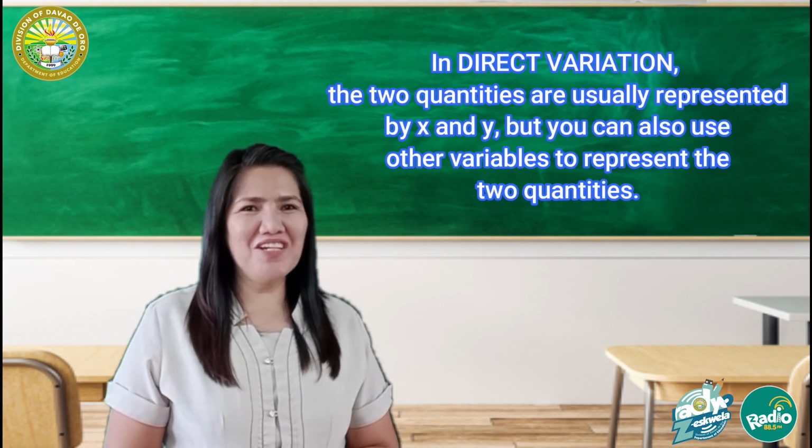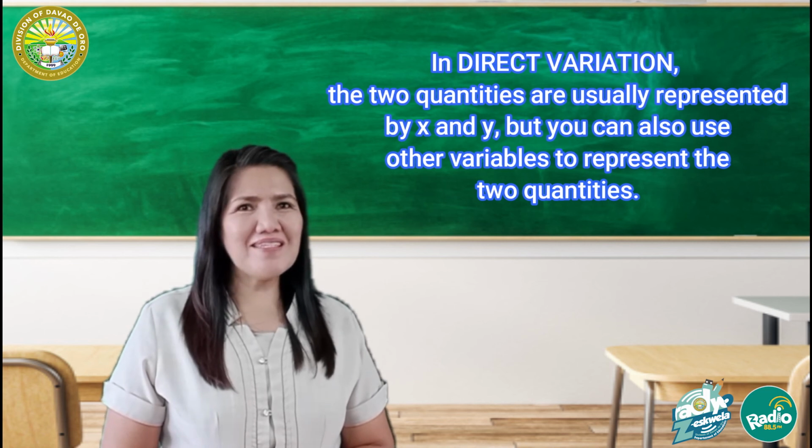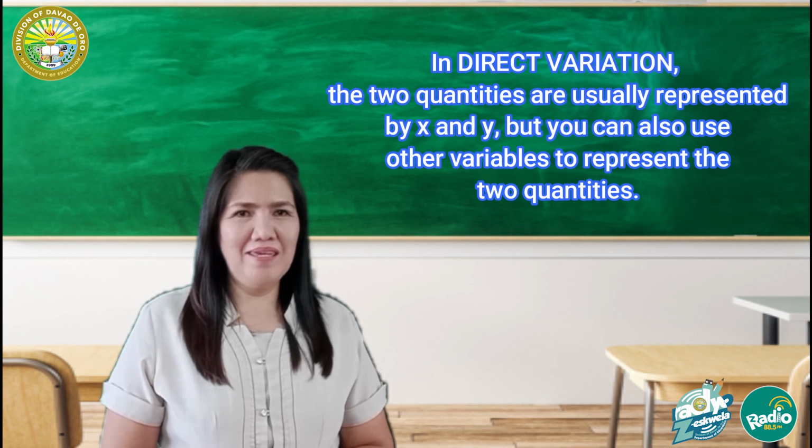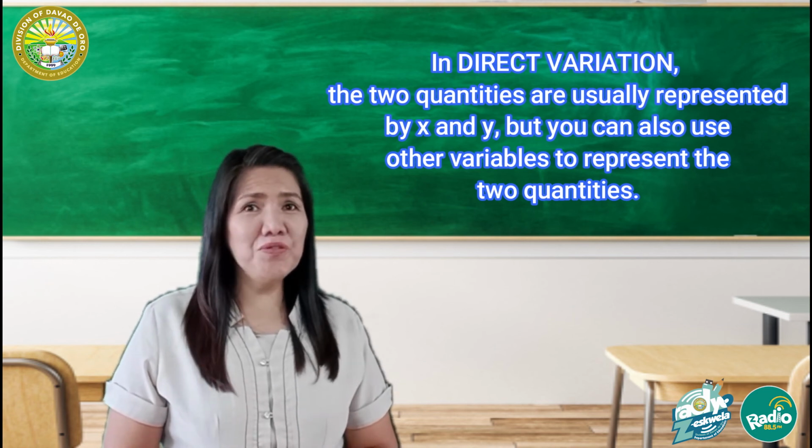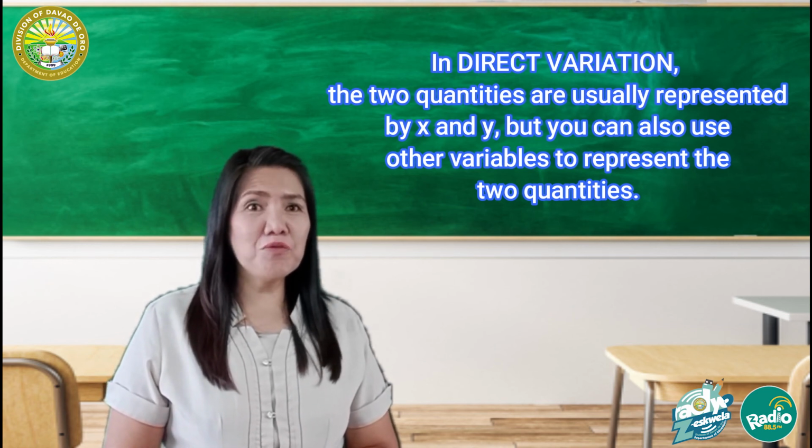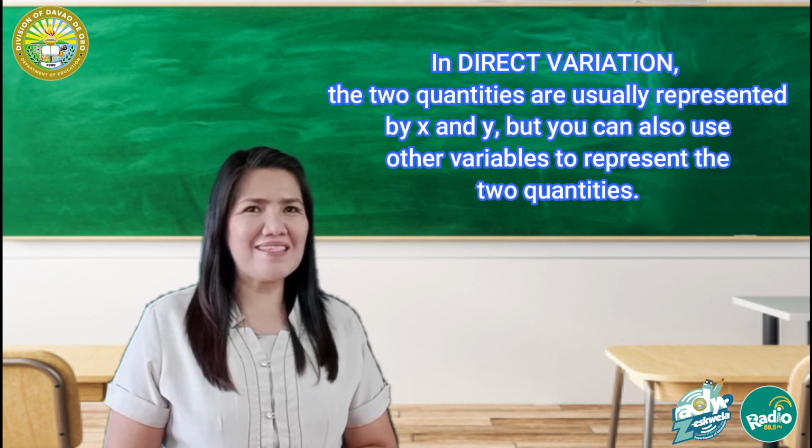In direct variation, the two quantities are usually represented by x and y. But you can also use other variables to represent the two quantities.